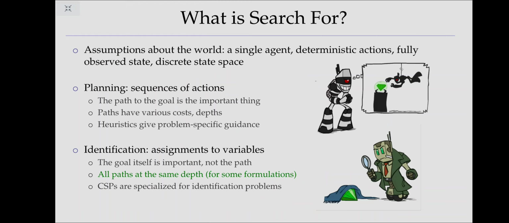For example, in DFS, we start from one node, check its neighbors, select one of them, and again and again. The path is important. But for the constraint satisfaction problem, is the path important or not?